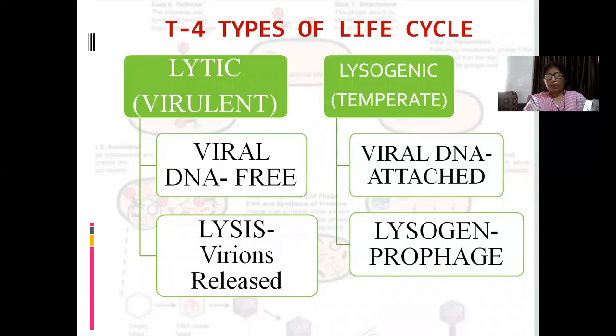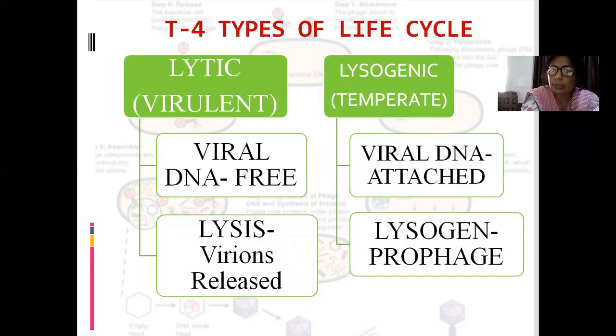T4 types of life cycle. There are two types of life cycle of the bacteriophages: the lytic virulent cycle and the lysogenic temperate cycle. In the lytic virulent cycle, as I discussed earlier, the viral DNA is free inside the bacterial cell, and it causes the lysis of the bacterial cell, and the virions are released.